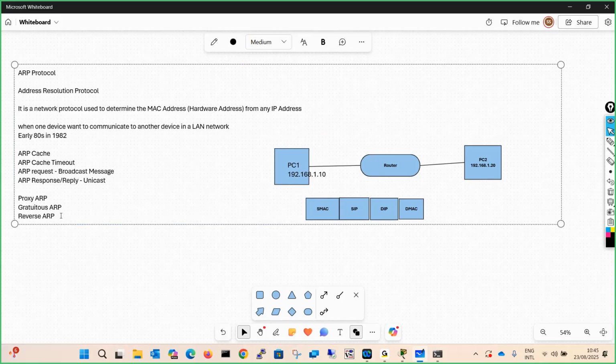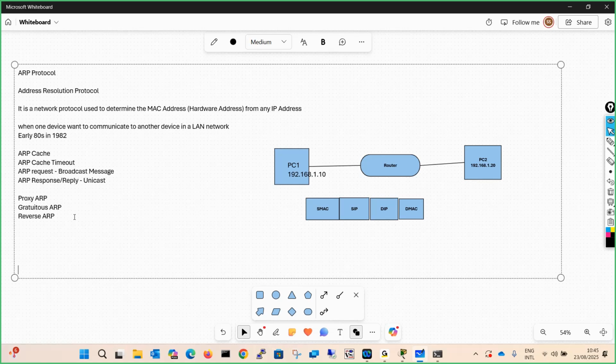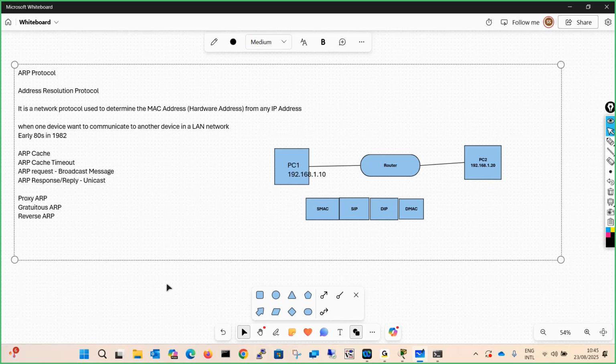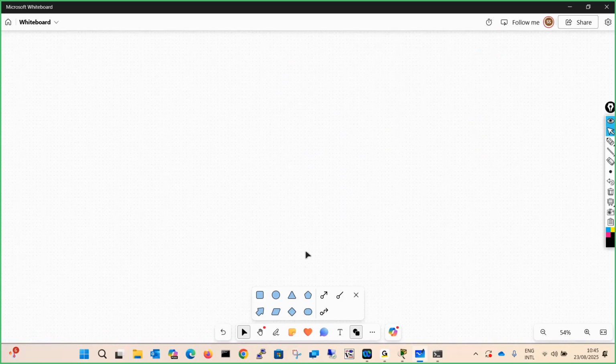Now, we have already discussed collision and broadcast domains, but we will learn again because we will be starting VLANs and some important topics today. So let's discuss collision domain, broadcast domain, and the devices' behavior. Everything we'll discuss in short, and then we will move ahead.